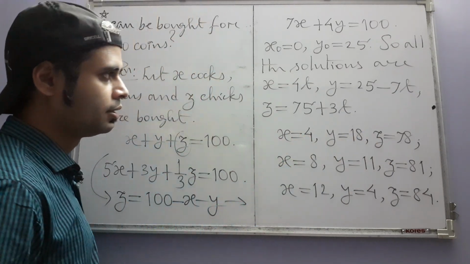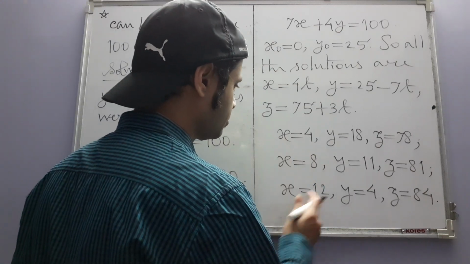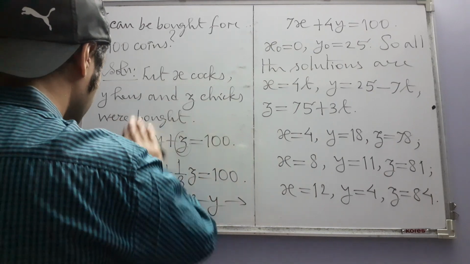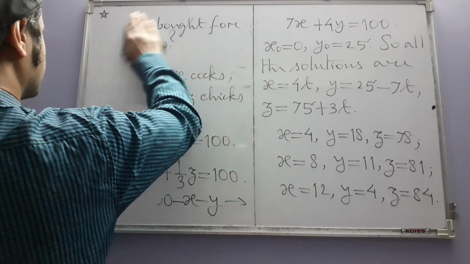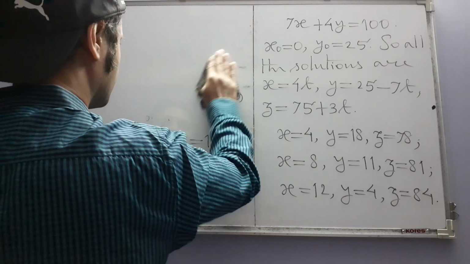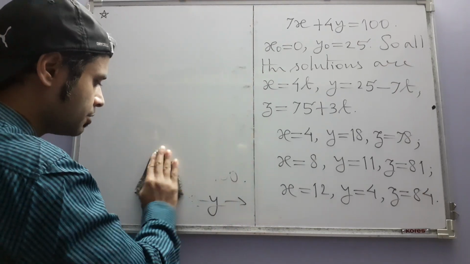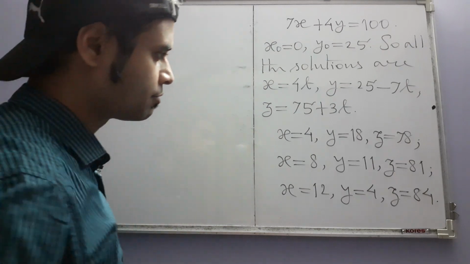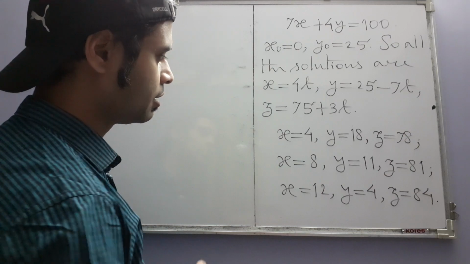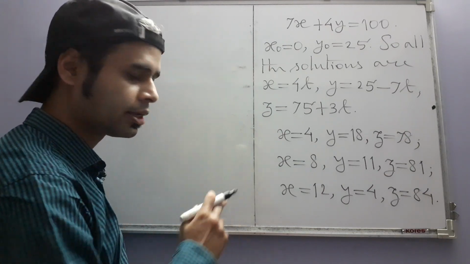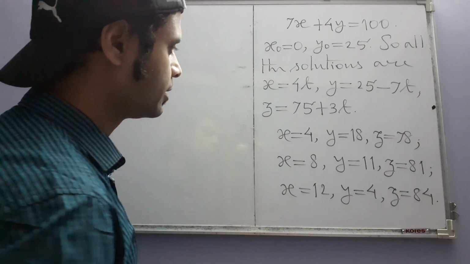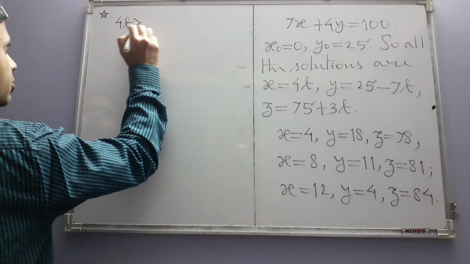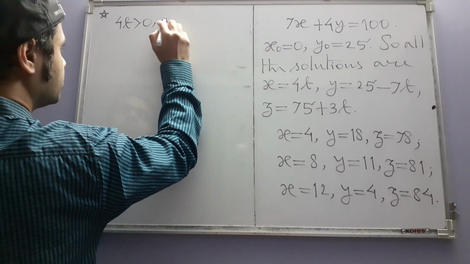Now if one wants to find these values from this general solution, in this case we do not need any clever trick like what we needed in the previous example, namely 12 greater than or equal to x greater than 6. In this case, one just considers the condition that all these things have to be positive.